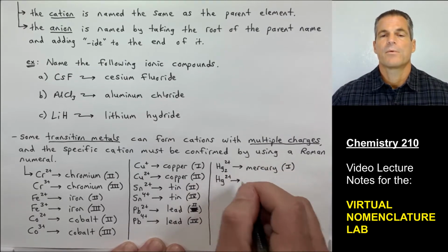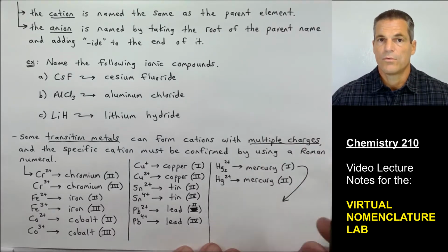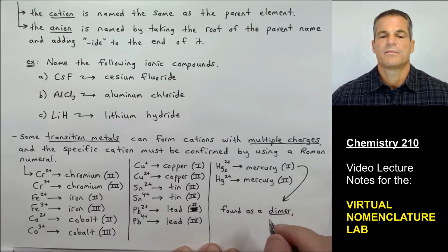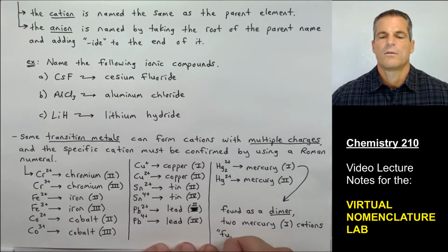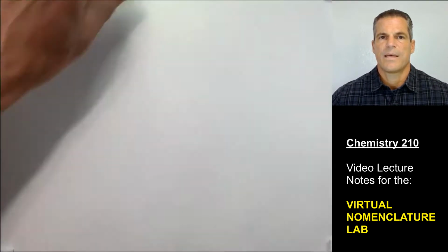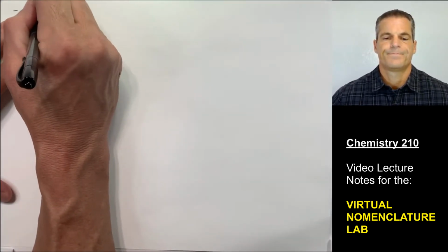Now mercury 1 is kind of a special one here. Hg2 2+ is mercury 1. Hg2+ is mercury 2. So the mercury 1 ion, the Hg2 2+, is found as a dimer, which is essentially 2 mercury 1 cations fused together, if you will. Okay?